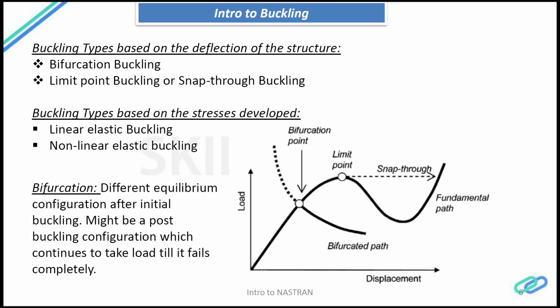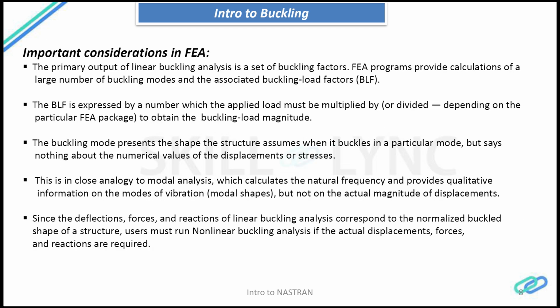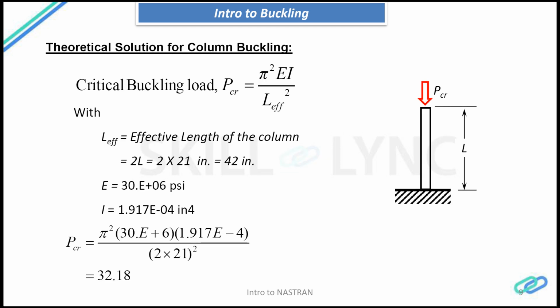And also we saw the types of buckling, which are bifurcation buckling and limit point buckling, and also linear elastic and non-linear elastic buckling. I also mentioned the important considerations you should keep in mind while carrying out the buckling analysis.